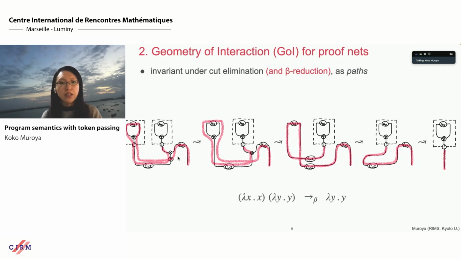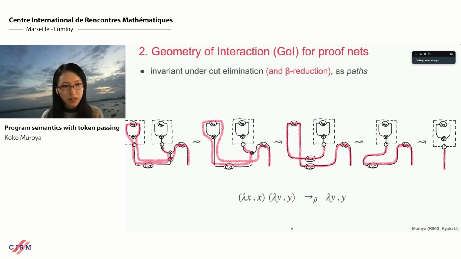If we go back to the example we've seen, this is the sequence of 4 cut elimination steps that simulate a single beta reduction step. What geometry of interaction can give you is a path on each proofnet that survives the cut elimination steps. In the first proofnet, we have a path going from here. I hope you can see the pointer going from here, and then the path goes to the right-hand side of this axiom node, and then comes down on the other side, and then goes to this box.